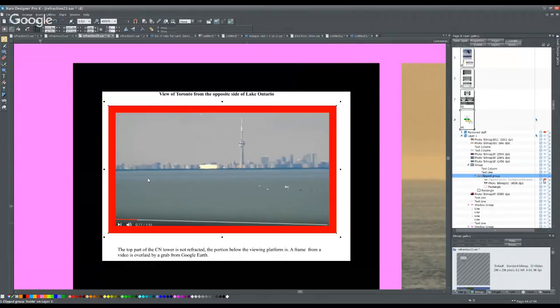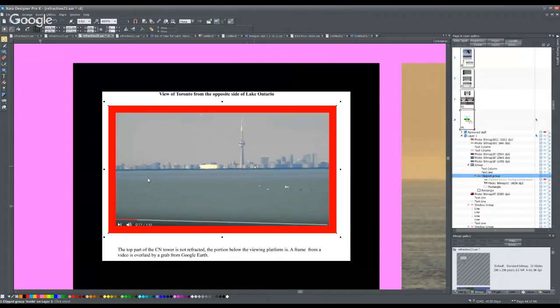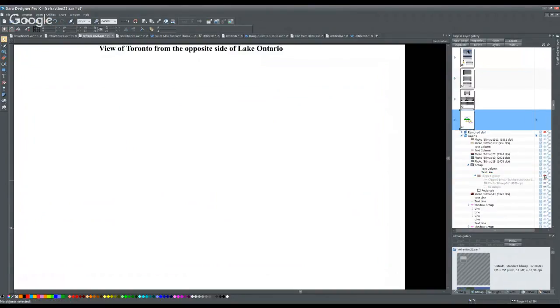So this is the actual image of the CN Tower in Canada, and if we overlay on there the actual Google Earth version of the CN Tower, you can see that in fact this is non-linear. This is caused by refraction. I've really jumped the gun here.